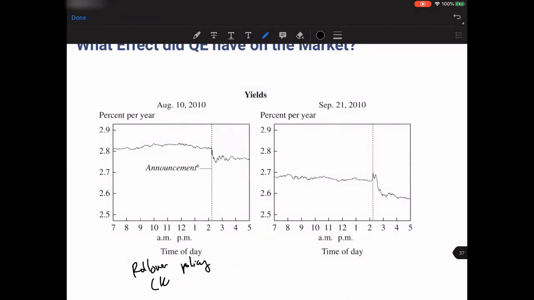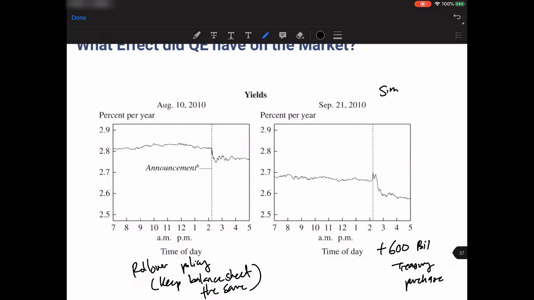And lastly, on September 21, they announced further possible QE in the future, of $600 billion of treasury purchases. So similar effects to QE2.